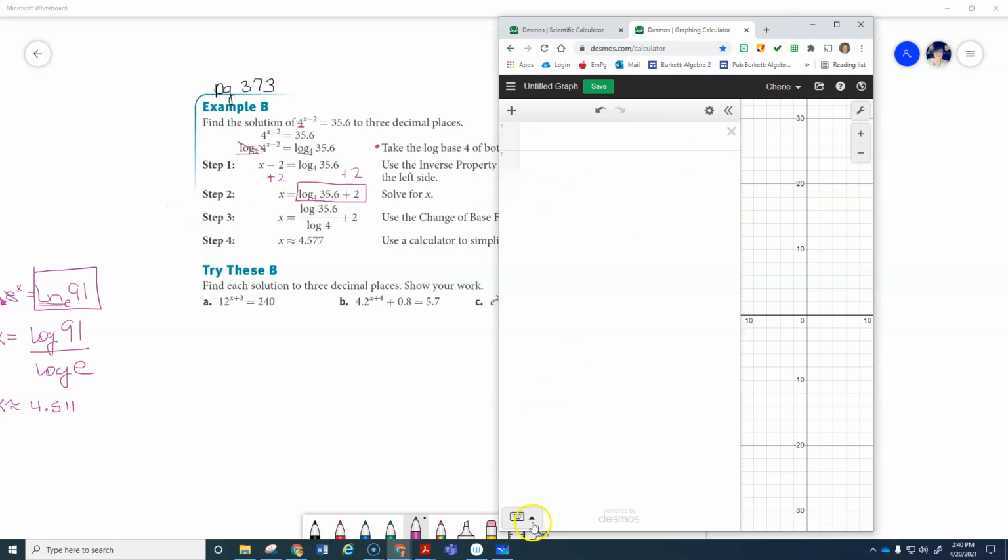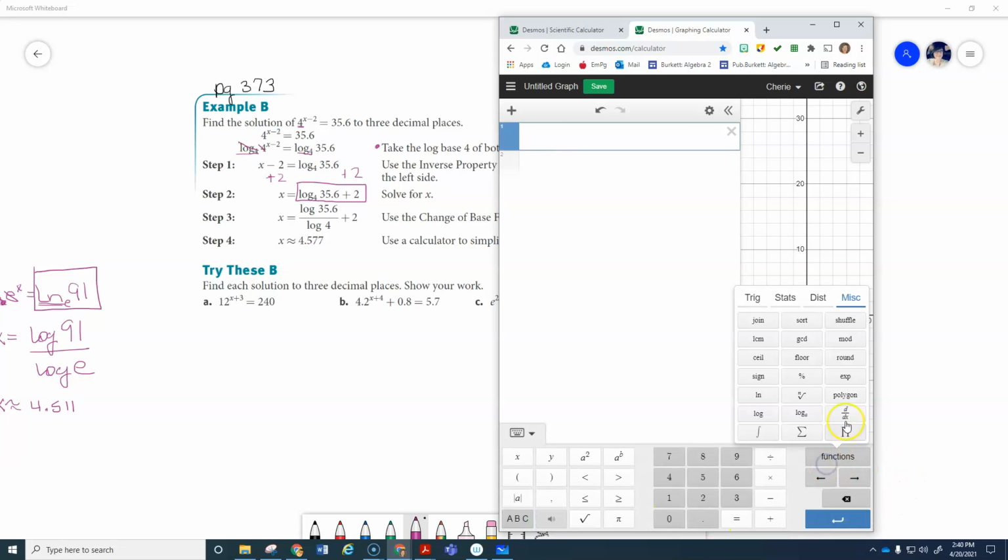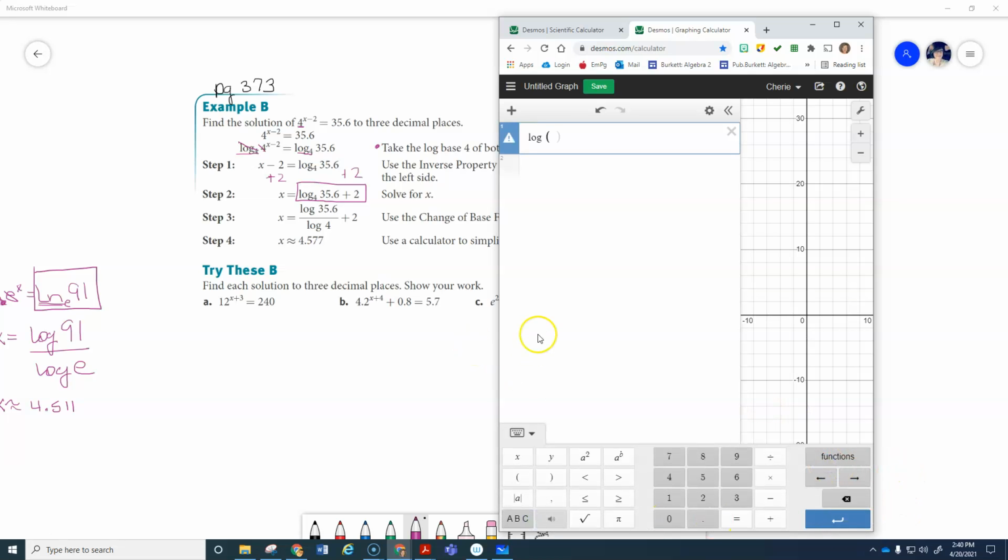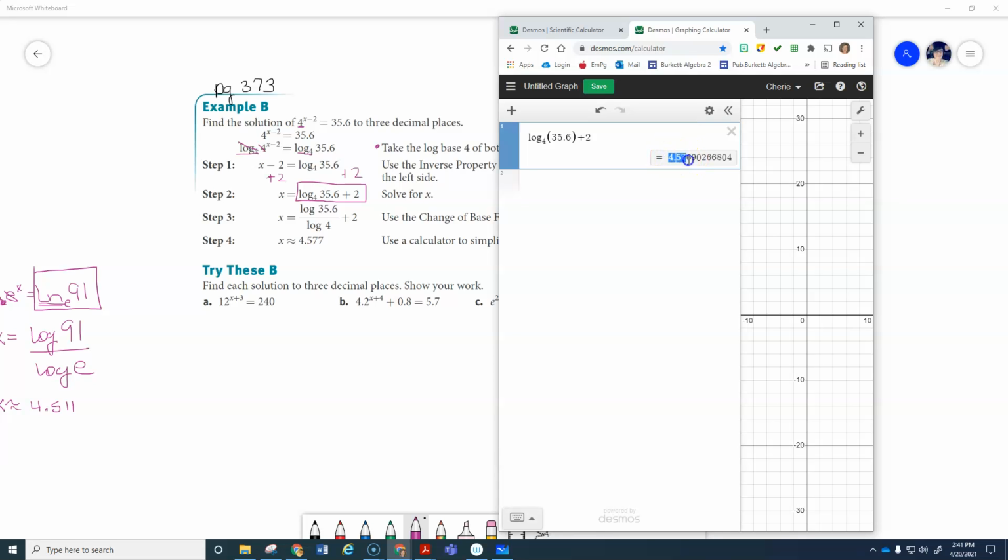You would simply hit the function button, choose log base A, you'd do log base 4, and then inside the parentheses you would type 35.6 and then close the parentheses and then do plus 2. And you'll get a value of 4.577 if you're rounding to 3 decimal places, 4.577.